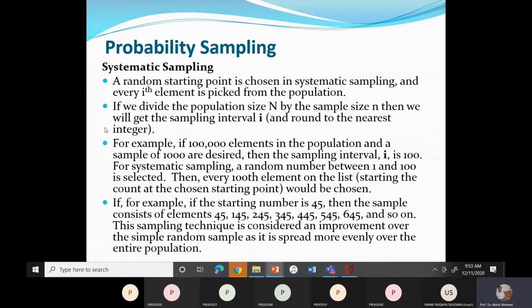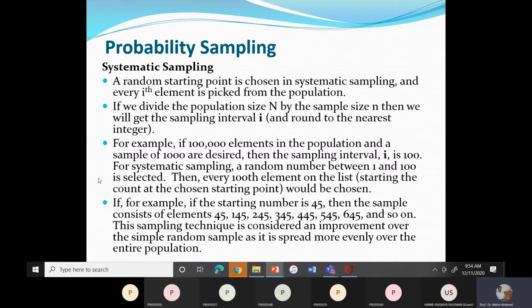Then we can get the samples using systematic sampling. For example, if there are 100,000 elements in the population and we have to get a sample of 1,000 units, we divide capital N by small n, and we get 100. So now the sampling interval is 100.